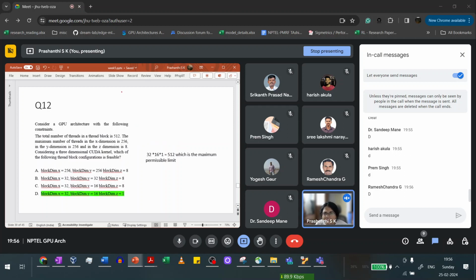So it is D. The total number of threads in the thread block is 512. This is a hard constraint, so the product should come to no more than 512. If you do that itself, it would eliminate all three of these. This would be the only feasible one. Additionally, the second check is that the per-dimension constraints are not violated, which I don't think they are. So D is your correct answer.